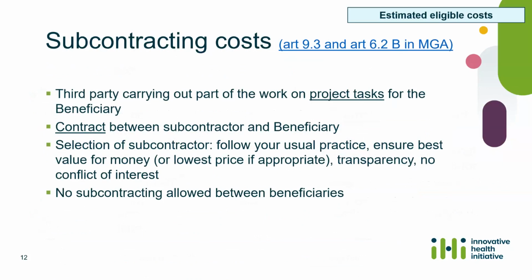And the beneficiary who is selecting the subcontractor really needs to do this selection following its usual practice, ensuring also the best value for money or the lowest price if it's appropriate, and ensure that this selection is made in a transparent way and with no conflict of interest. And last point on the subcontracting, it's not allowed to have subcontracting between beneficiaries of a same project.